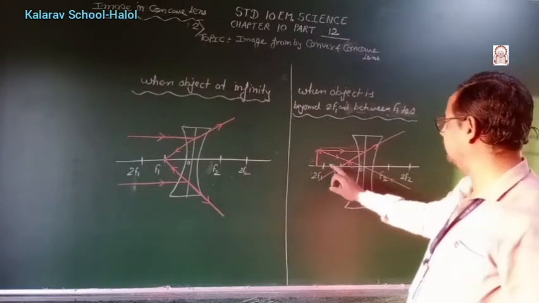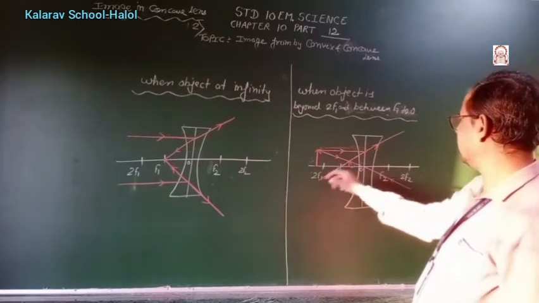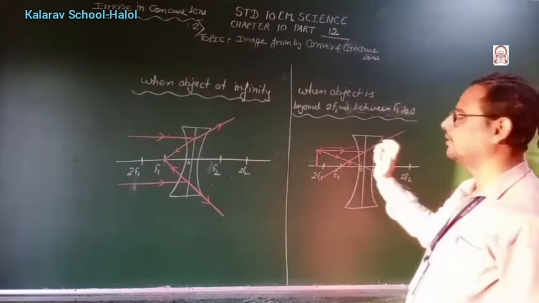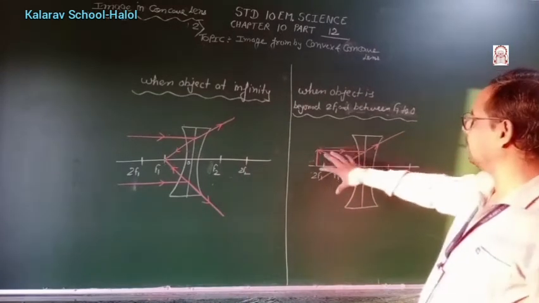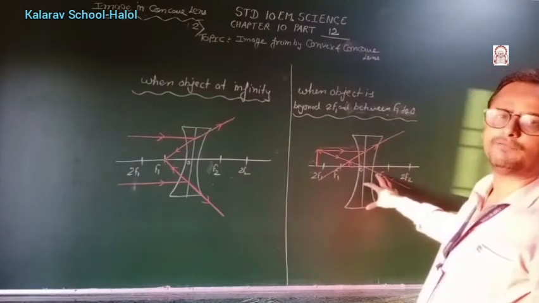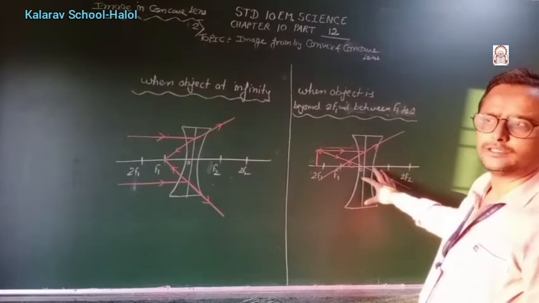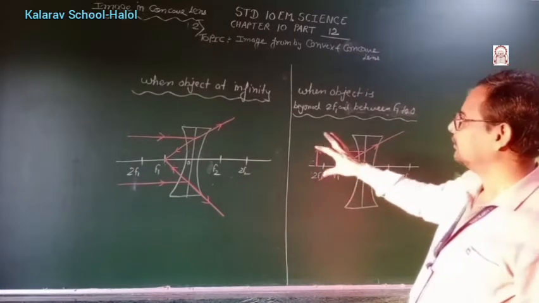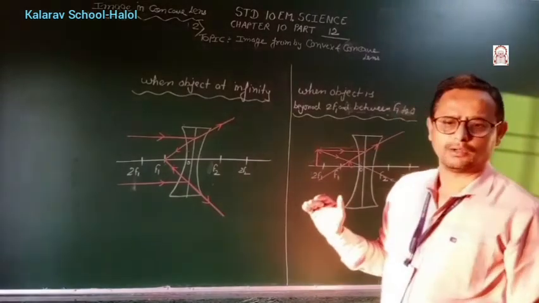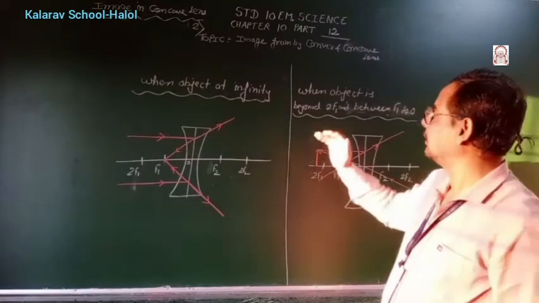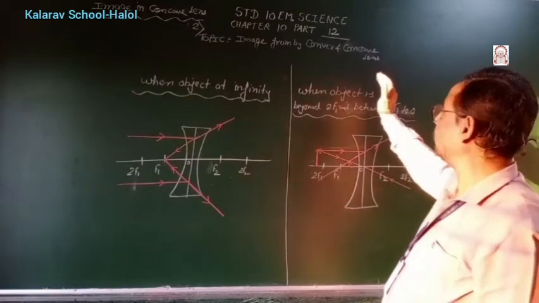Wherever you place the object, in each and every condition the image will be formed here only, and that's why we have not drawn these 5 different figures. Is it clear? The same figure will be formed. So that is the basic difference between the image created by the concave lens and the convex lens.